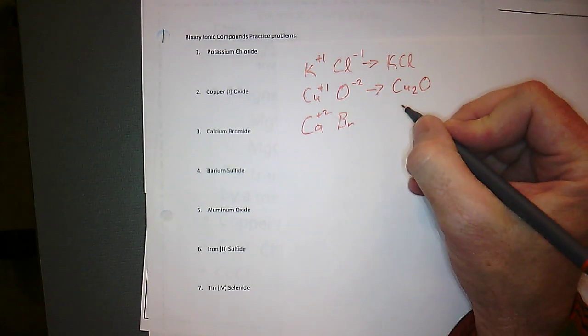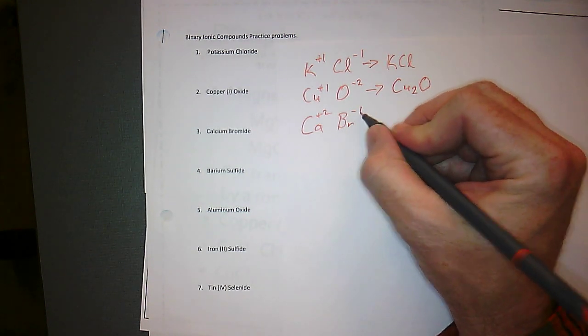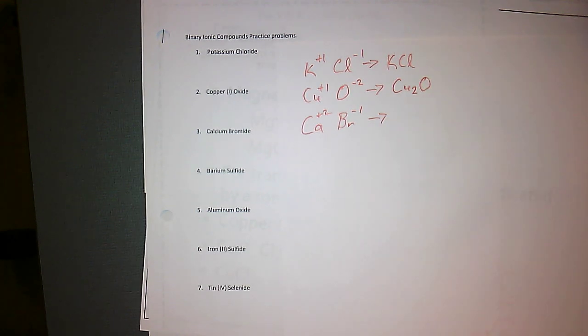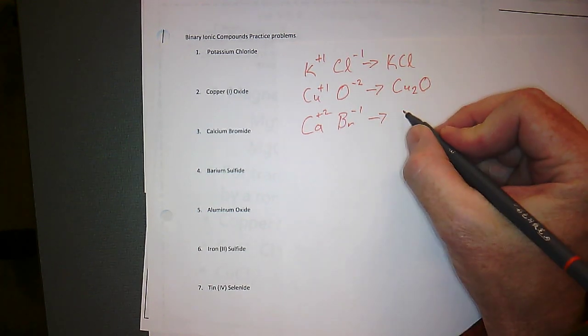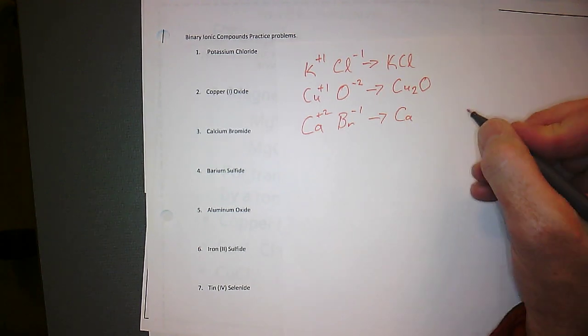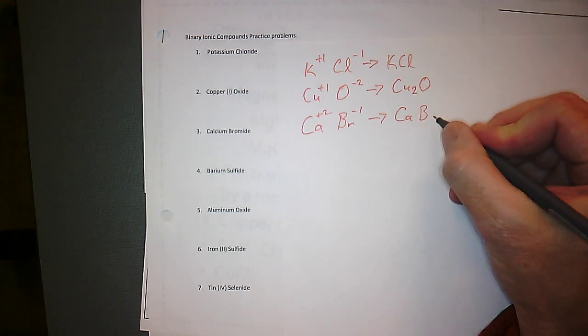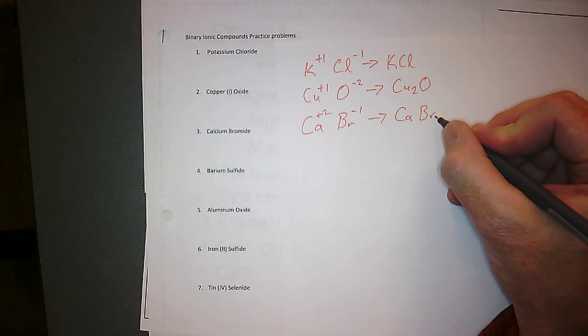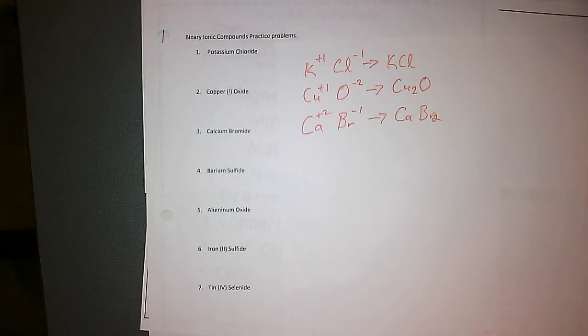Br. What's its charge? -1. All right, so what do they both go into? 2. How many calciums do I need? 1. And how many bromines? 2. All right, and like that, CaBr2.